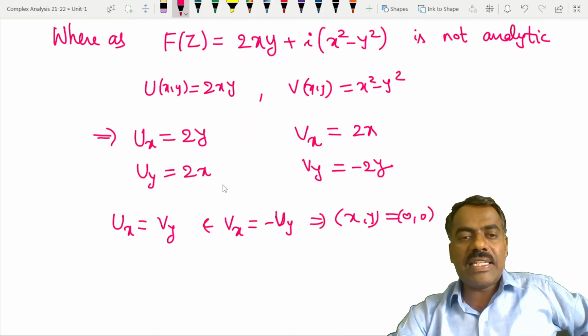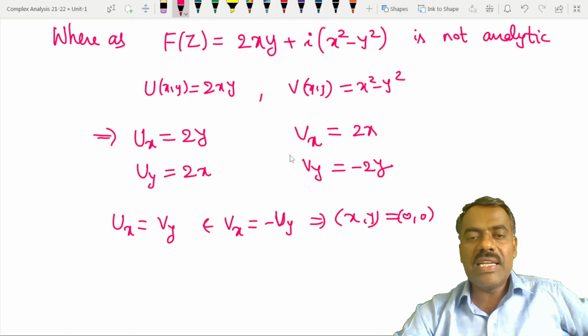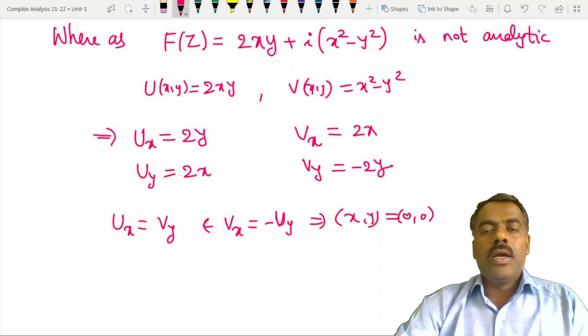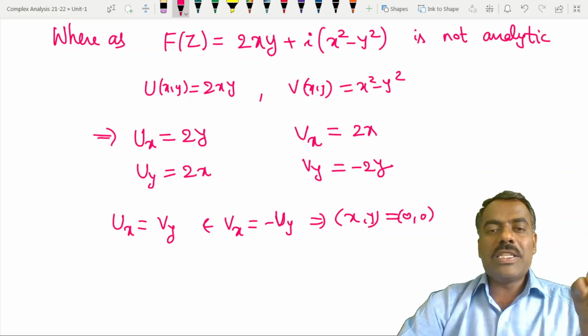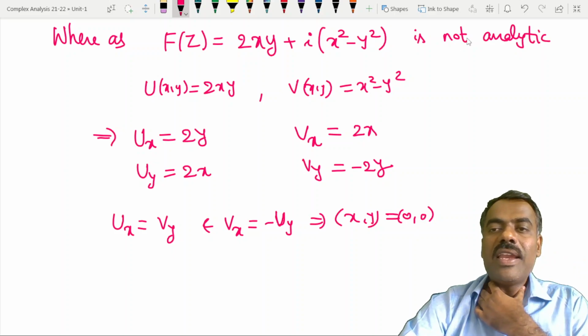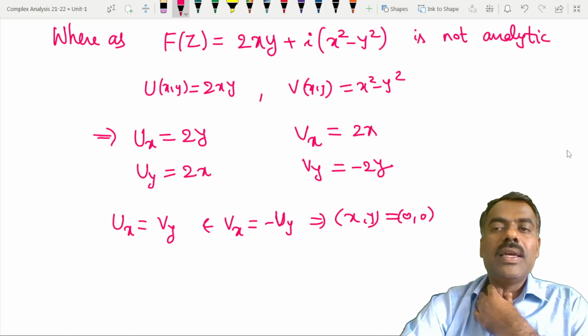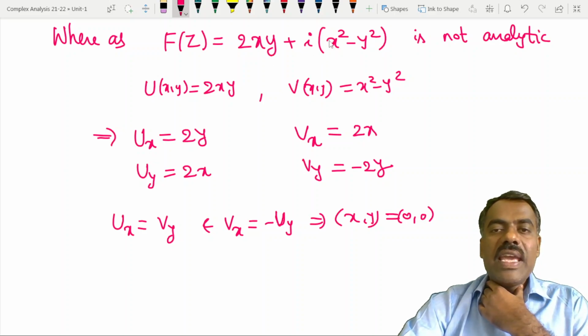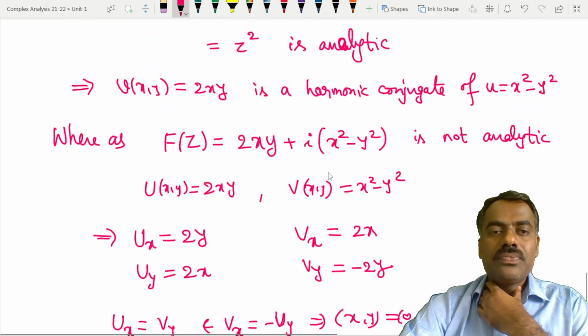If ux = vy, then y has to be 0. Similarly, vx = −uy, then x has to be 0. Okay? So this is differentiable only at one point, namely (0,0). Therefore, it is not analytic at any point. Yes or no? So therefore, this, whatever x² − y², right?